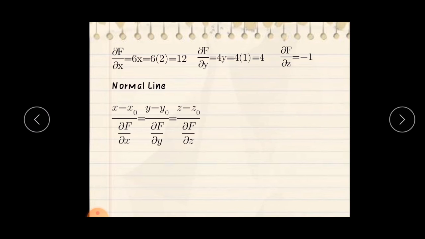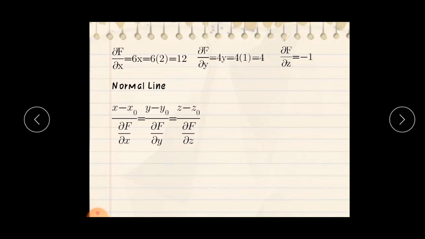And now we get the equation of the normal line. As we all know, the equation of the normal line is (x minus x sub 0) over the partial derivative with respect to x equals (y minus y sub 0) over the partial derivative with respect to y equals (z minus z sub 0) over the partial derivative with respect to z.